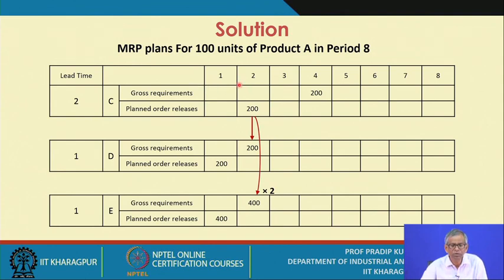Now after 1 week or 1 time period, you check the current situation for all the items, and accordingly you make a plan. So if the time bucket is 1 week or 1 day, that means every week or every day you have to take stock of the situation, and the gross requirements against a particular item must be calculated, that is already known, and the planned order releases.